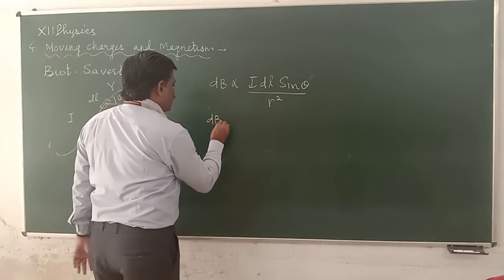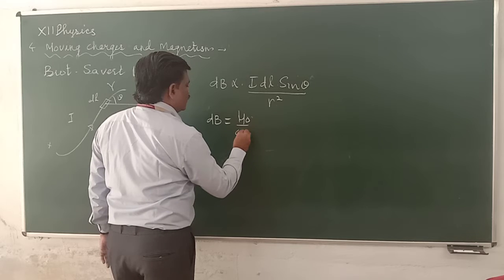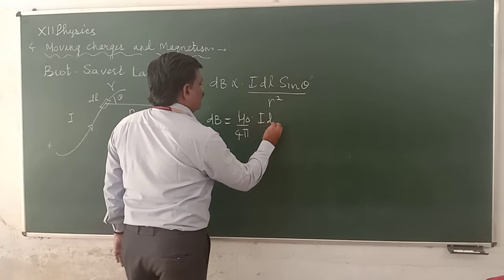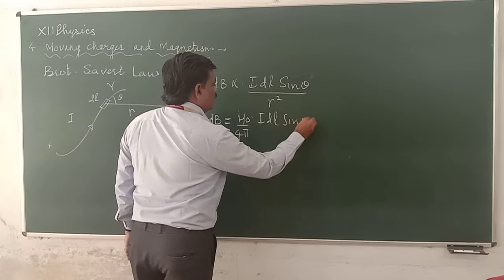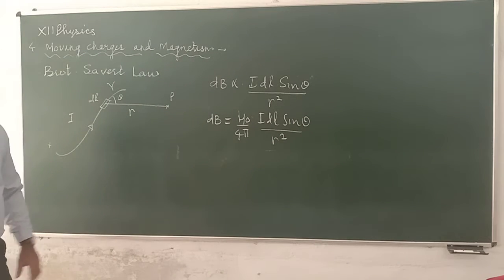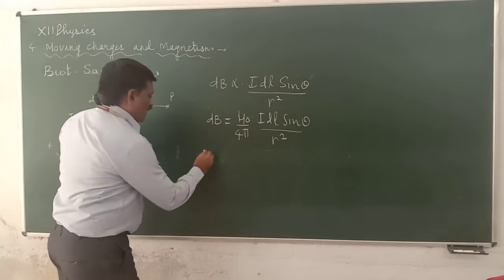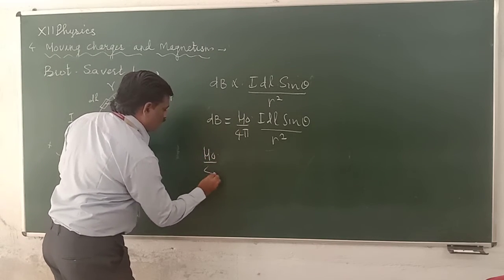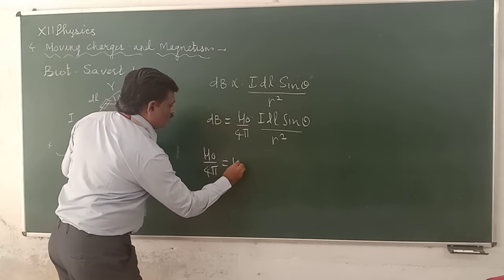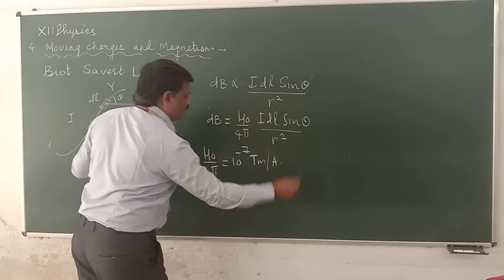Here the proportionality constant, mu 0 upon 4 pi, is introduced: dB equals mu 0 upon 4 pi, I dl sine theta by r square. This mu 0 is known as the permeability of the medium, and the value of mu 0 upon 4 pi is 10 raised to power minus 7 Tesla meter per ampere.